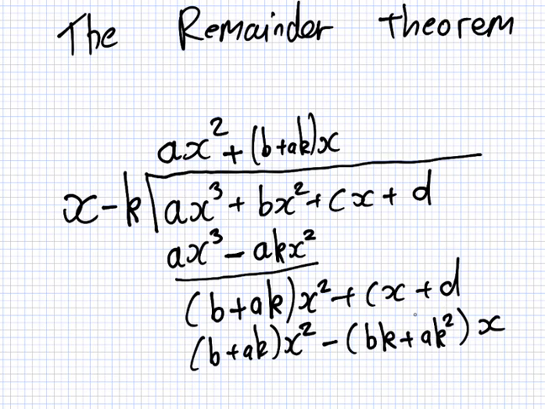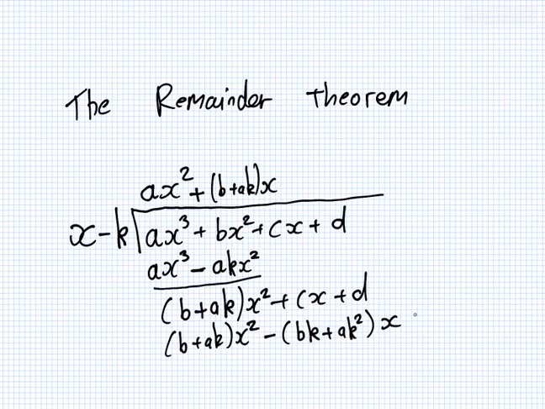The k just needs to go on one of them. It doesn't need to go on the x also. It can go on just the first one, or if you want, you can put the k here and not on the first one. It only needs to go on one of them.